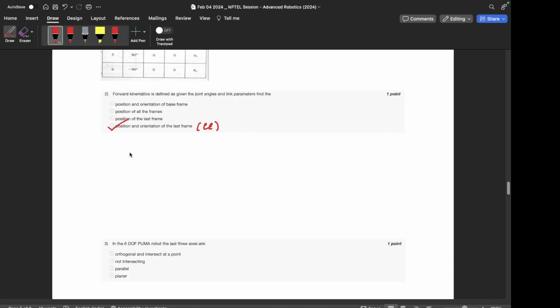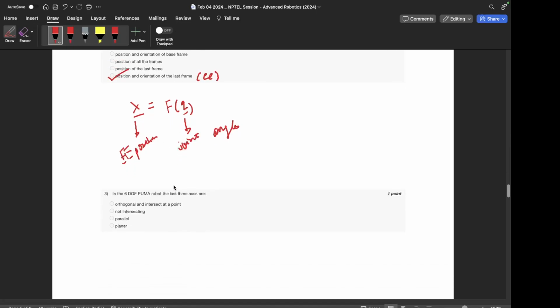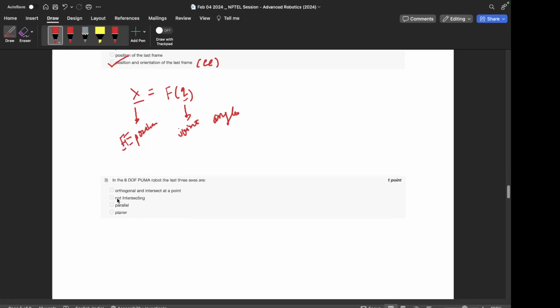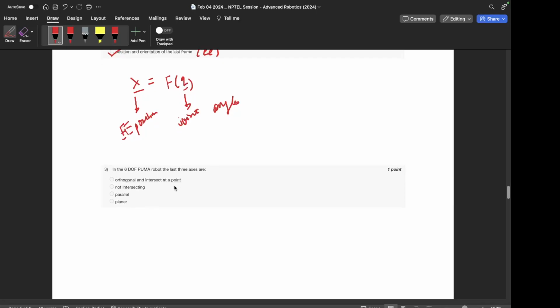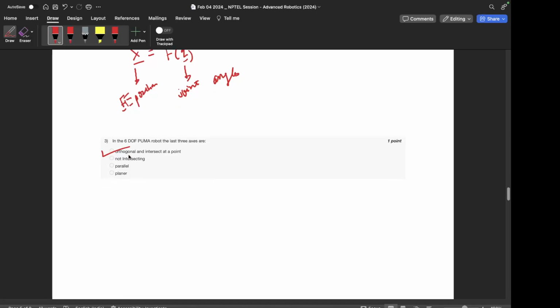So FK is given the joint angles, and this is the end effector position, which usually is attached to the last frame. Okay, in the 6 degree of freedom Puma robot, the last 3 axes are orthogonal and intersect at a point, right? So as I mentioned just a while ago.